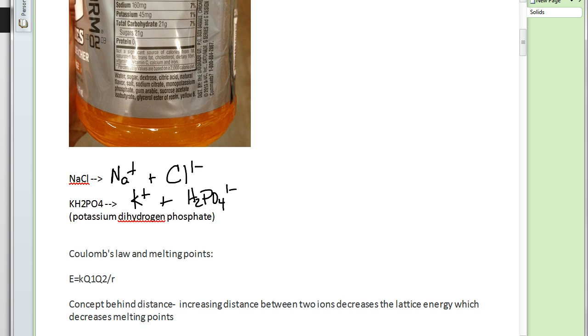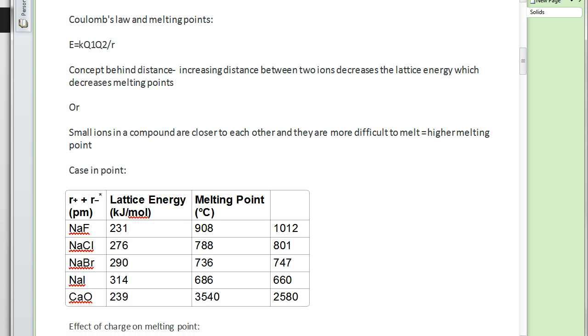Now let's talk about melting points when it comes to ionic solids, and this is governed by Coulomb's law. Coulomb's law says E is equal to K times Q1 times Q2 divided by R, where E is our lattice energy, the energy required to take a solid ionic compound and vaporize it, and K is just a constant.